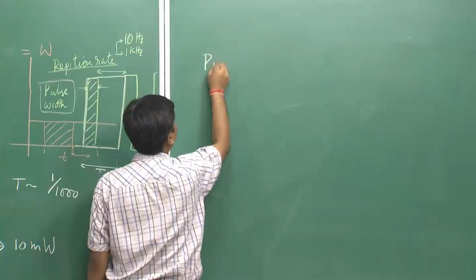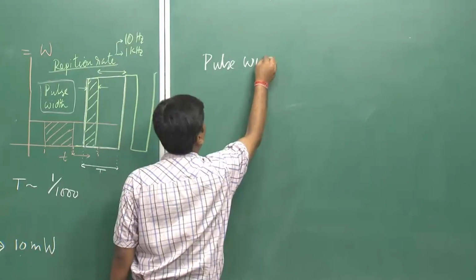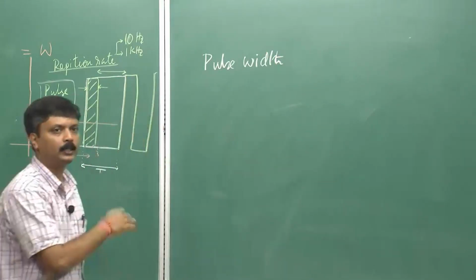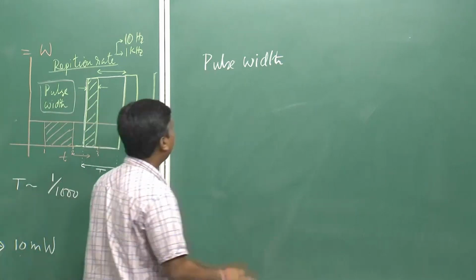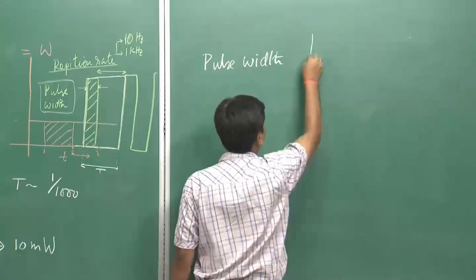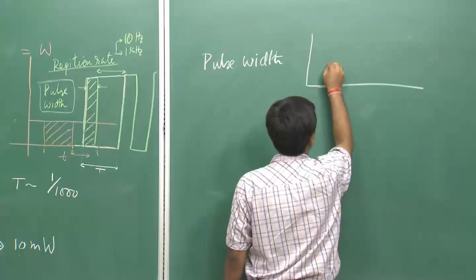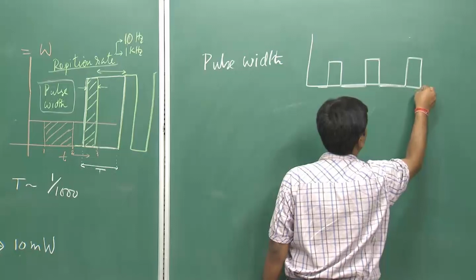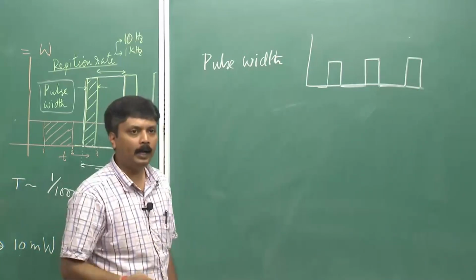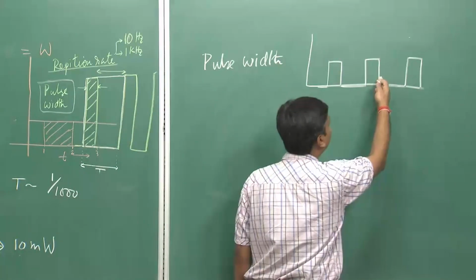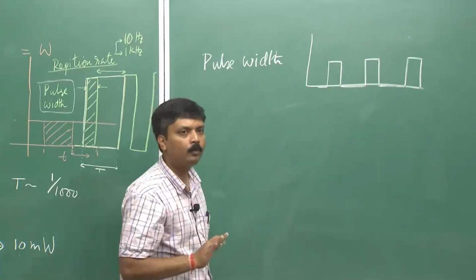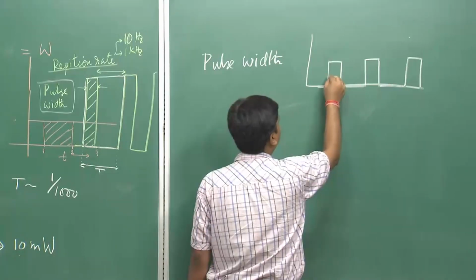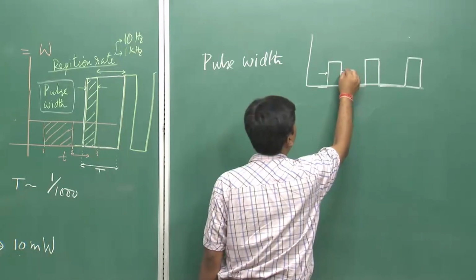So, essentially we have used this term pulse width just now. So, normally what we did, we said that if the light is on and off, and we took it like squares or rectangles of light envelope where the light is on, otherwise it is off, and we said that this time period is my pulse width.